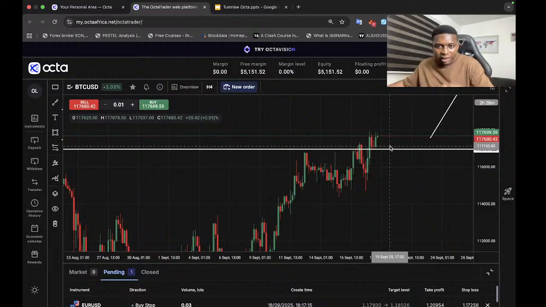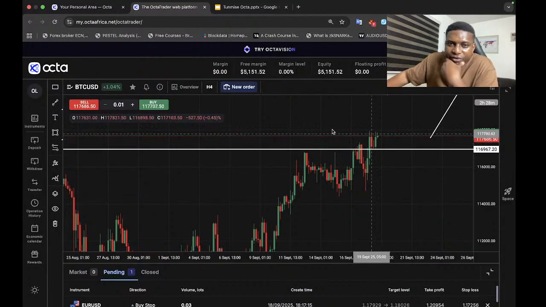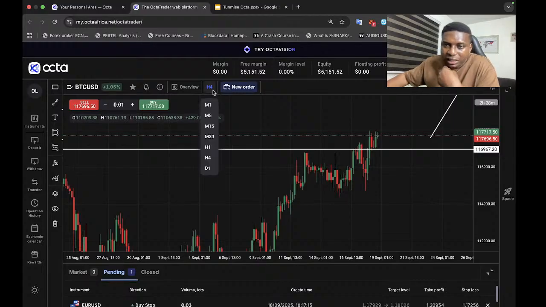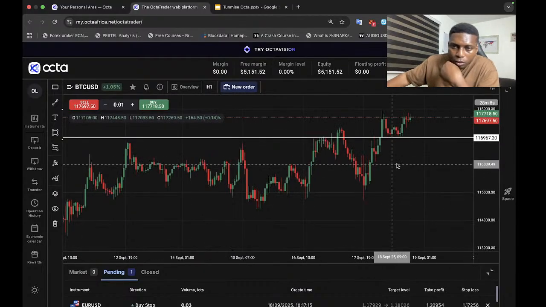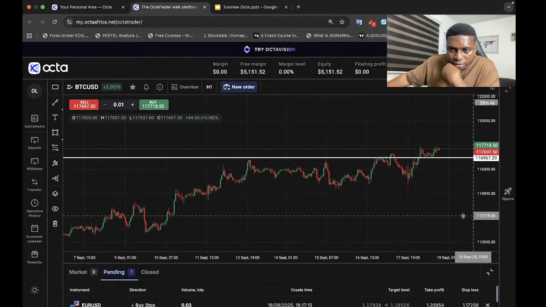Though it is a very volatile currency, so we want to be very careful how we enter it.